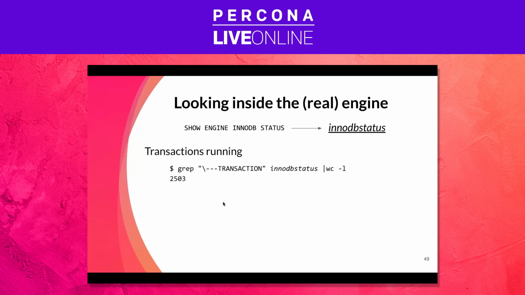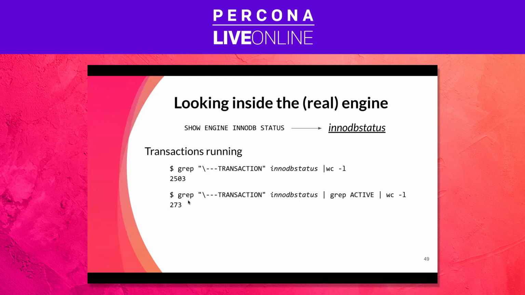And see, for instance, I see that the number of transactions inside InnoDB is crazy high at over 2,000 transactions, okay? But it doesn't mean they are all running, okay? If you have a lot of active transactions running inside InnoDB and they are taking too long to complete, here is not the case. We have only 273, but they might be taking a long time to complete.